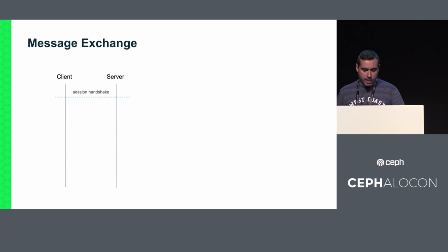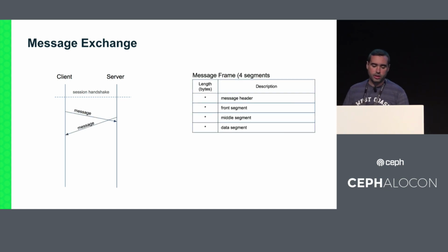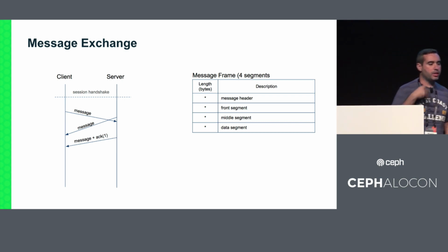So after this step, everything is OK. Both for the new session and for the reconnect, they are prepared to start sending messages to each other. At this point, both peers can send messages, and they will also piggyback an acknowledgement to tell the other peer, I already received the message with that sequence number.